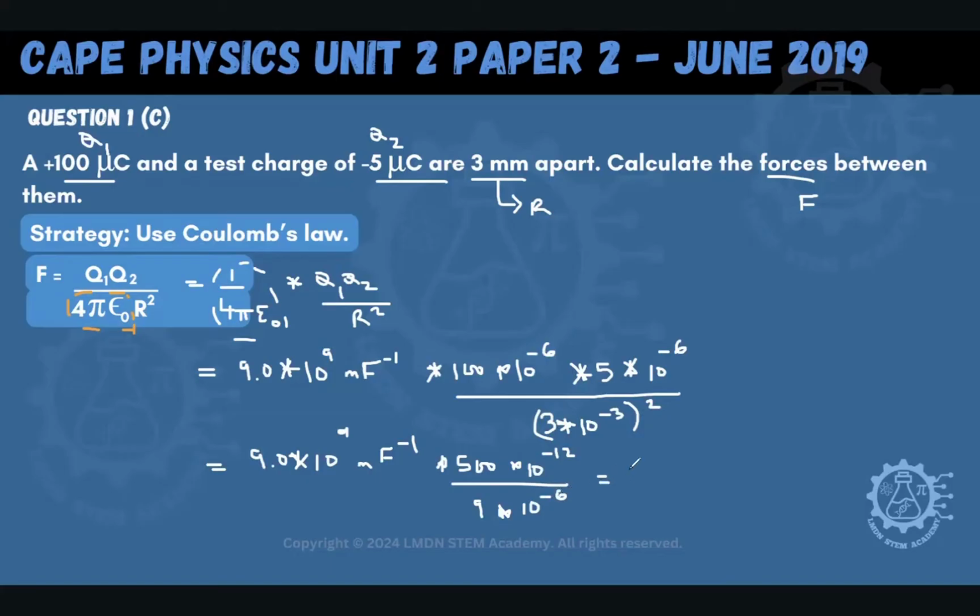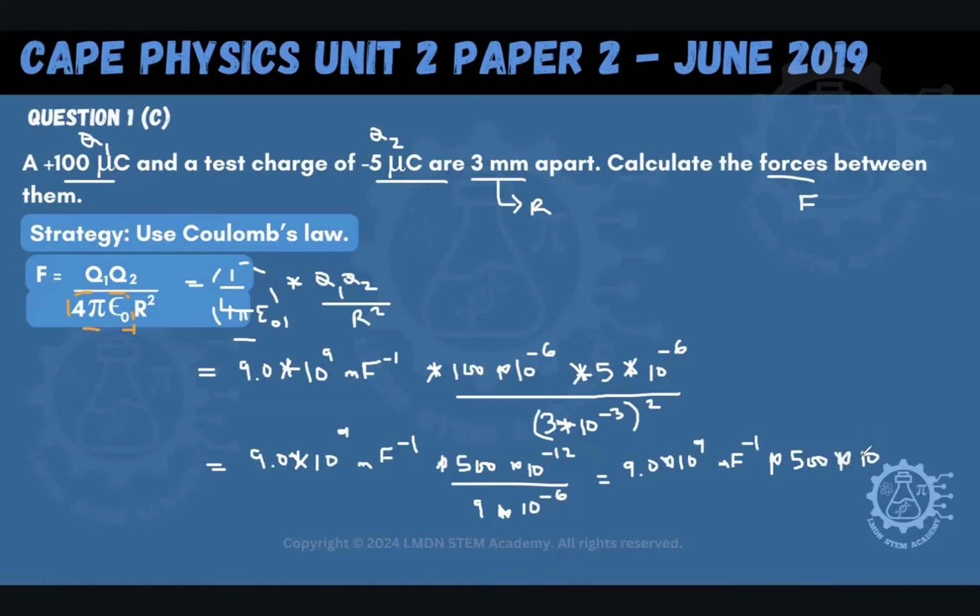So then I can simplify further. I'm gonna keep my 9 right there. I'm not gonna lose it. Keep it there along with its units. And then this part, when I simplify, I'll bring the -6 up top, so I'll have 500 times 10 to, so I bring the -6 up top, it becomes +6.